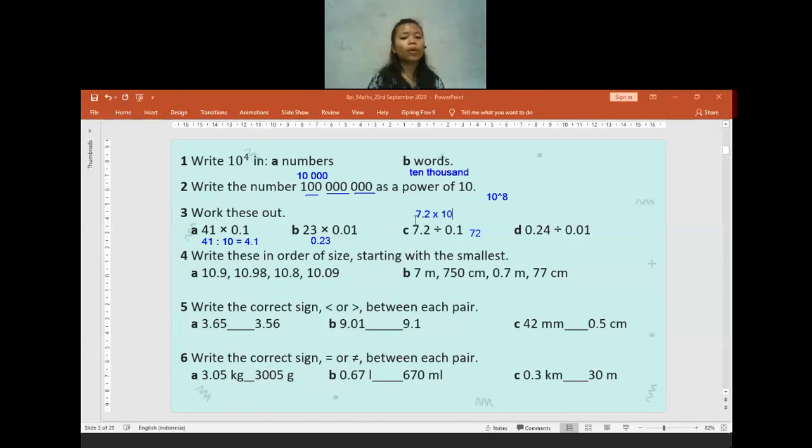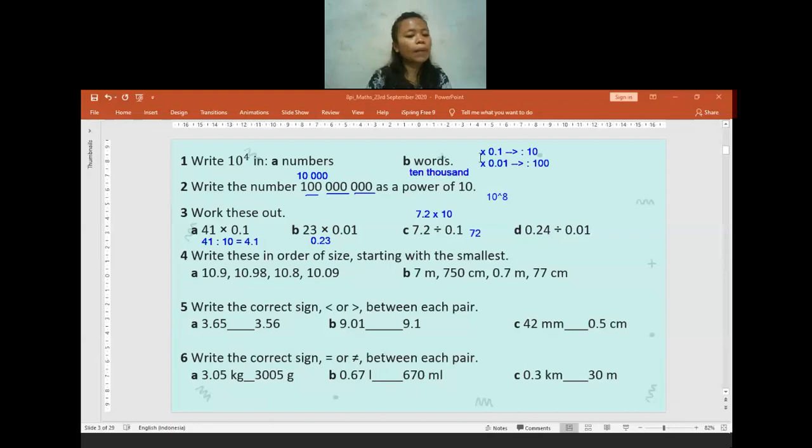For question A, when we multiply a number by 0.1, it is the same thing as dividing the number by 10. If we multiply any number by 0.01, it will be the same thing as dividing the number by 100.